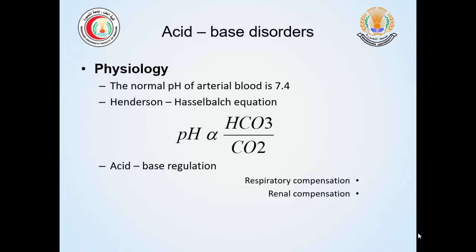This is according to the Henderson-Hasselbalch equation. The pH is directly proportionate to the bicarb and indirectly proportionate to the CO2. So يعني معنى الكلام ده ايه؟ أنا عندي الأسيدوزس عبارة عن يا إما metabolic acidosis يا إما respiratory acidosis. الميتابوليك acidosis اللي بيقل فيها البايكارب. respiratory acidosis اللي بيزيد فيها ال CO2.